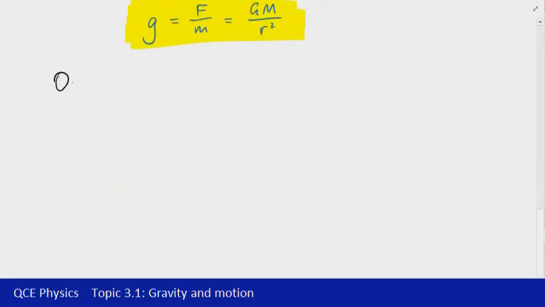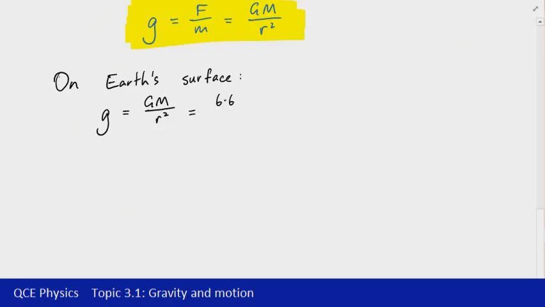If we consider Earth's surface, we can actually calculate what the gravitational field strength is, and that's based on the values that we had from the previous video. So we'll use the expression G capital M on r squared, because we don't have any smaller masses that we're dealing with.